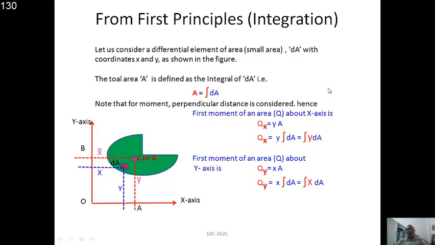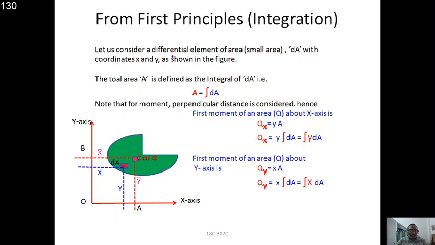After that, now we are going to see how the first principle can be used for simple shapes. For this integration, we require a discrete element, or small element, or differential element area.